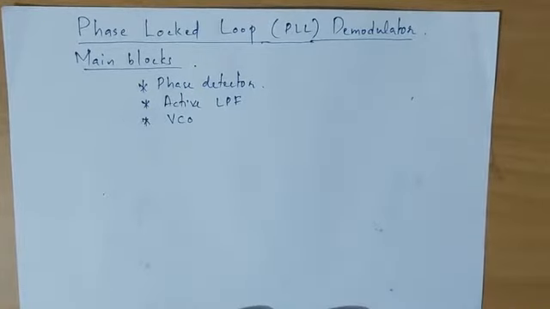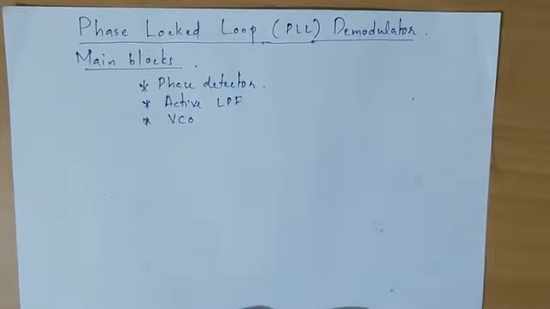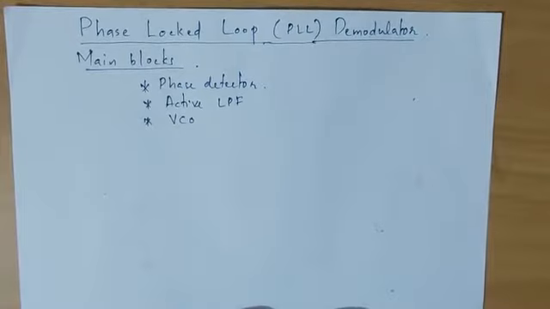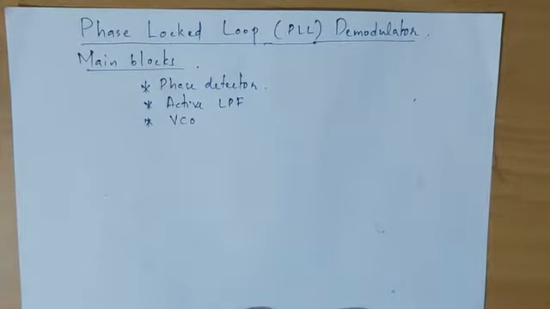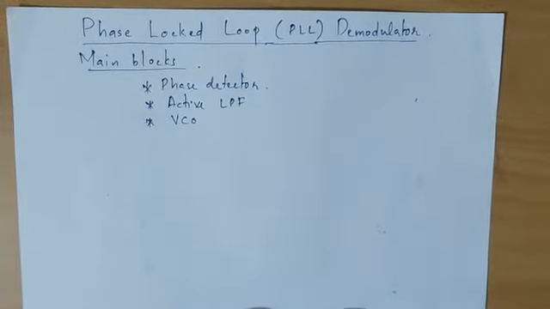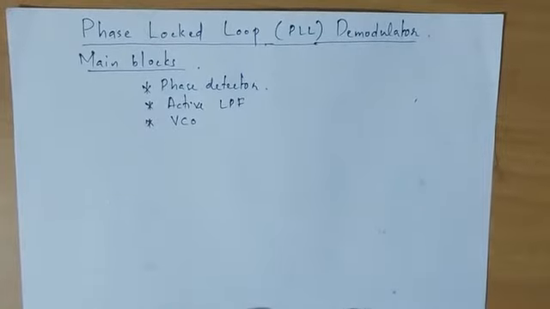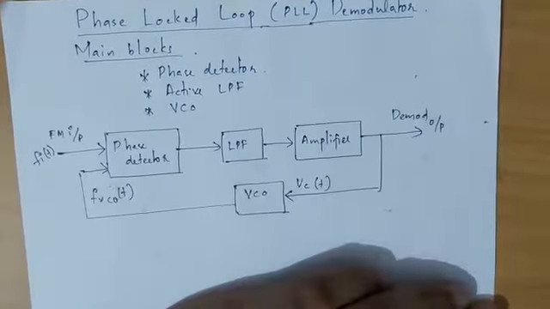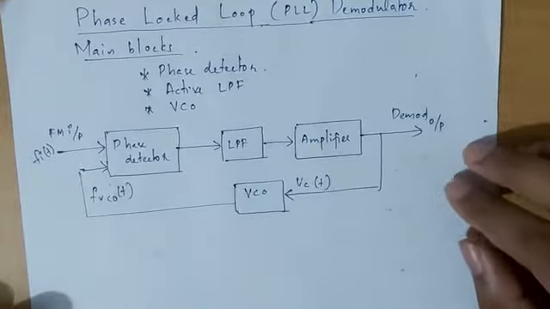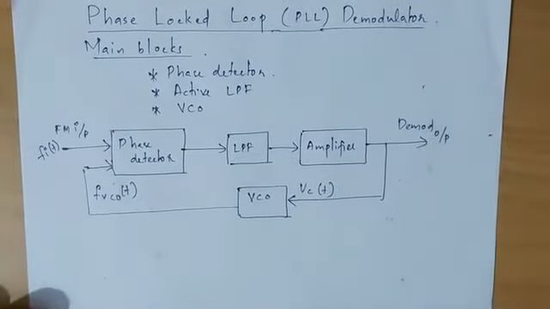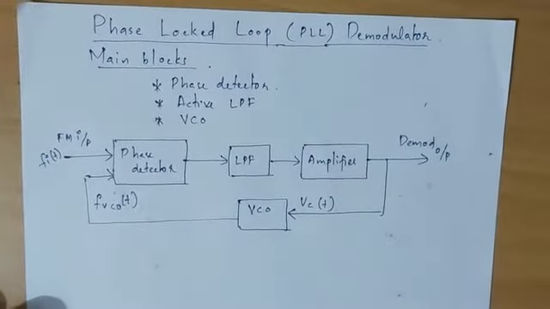Actually, a PLL FM demodulator has three main blocks. The first one is a phase detector, which is followed by an active low pass filter, and the third one is the VCO, that is, voltage controlled oscillator. And this is the basic block diagram of the PLL FM demodulator.